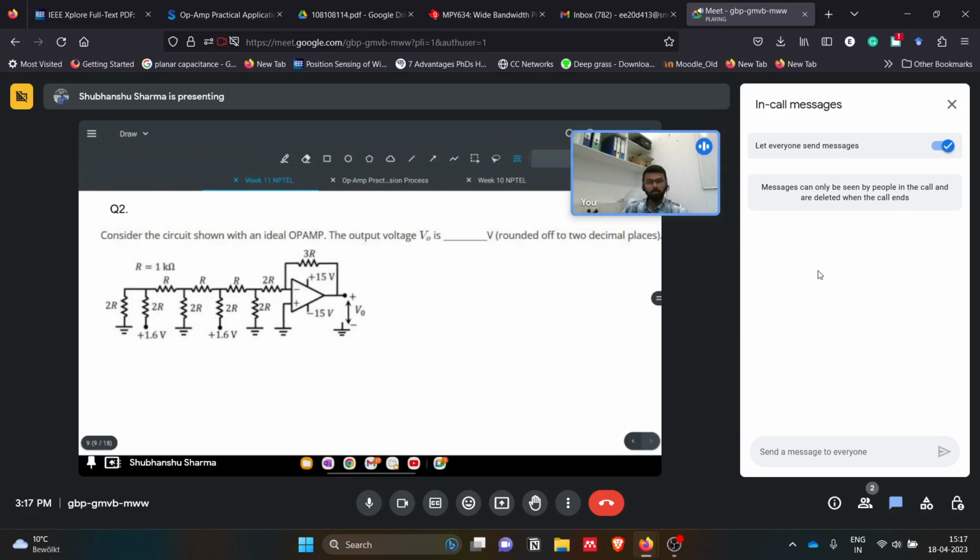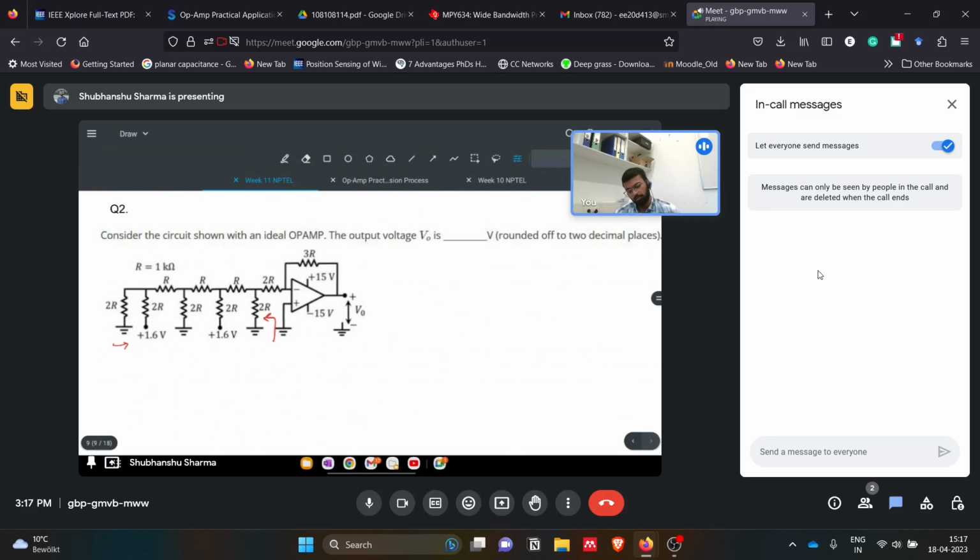So we can do one thing in this question. Either we can calculate the Thevenin voltage and resistance from this side, or we can go step by step from this side. I will tell you both of the approaches to solve this question.